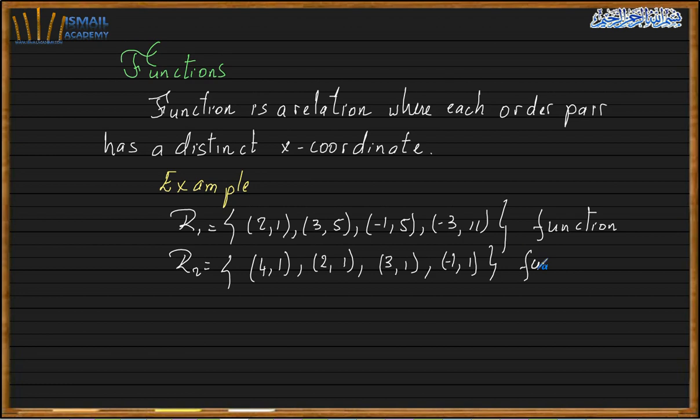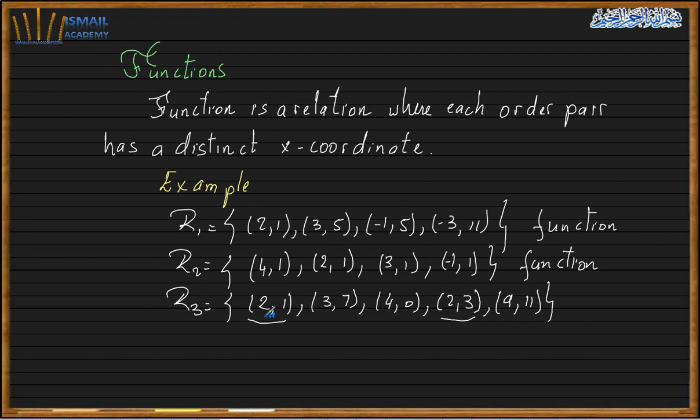So if I want 3, 7 and 9, 11, this other pair, and they have the same x coordinate. The coordinates are the same.